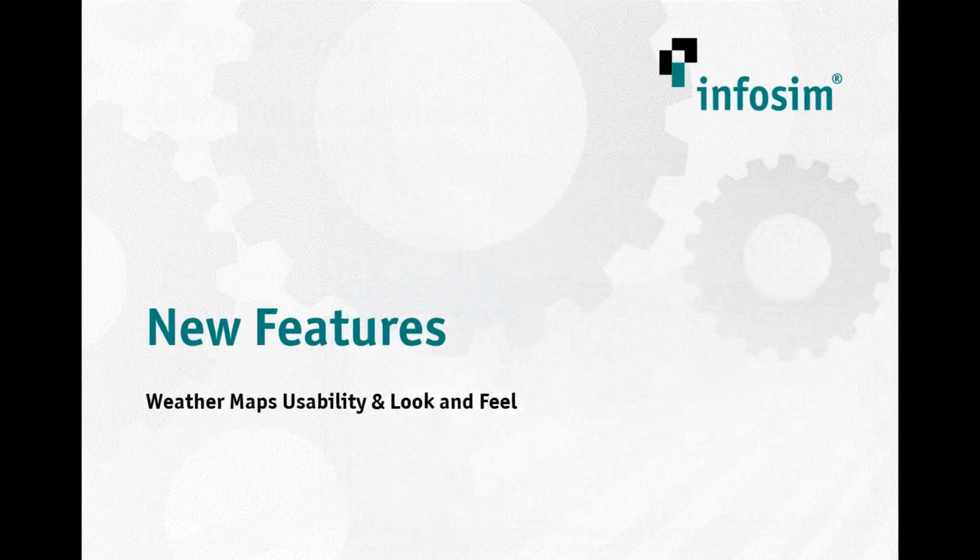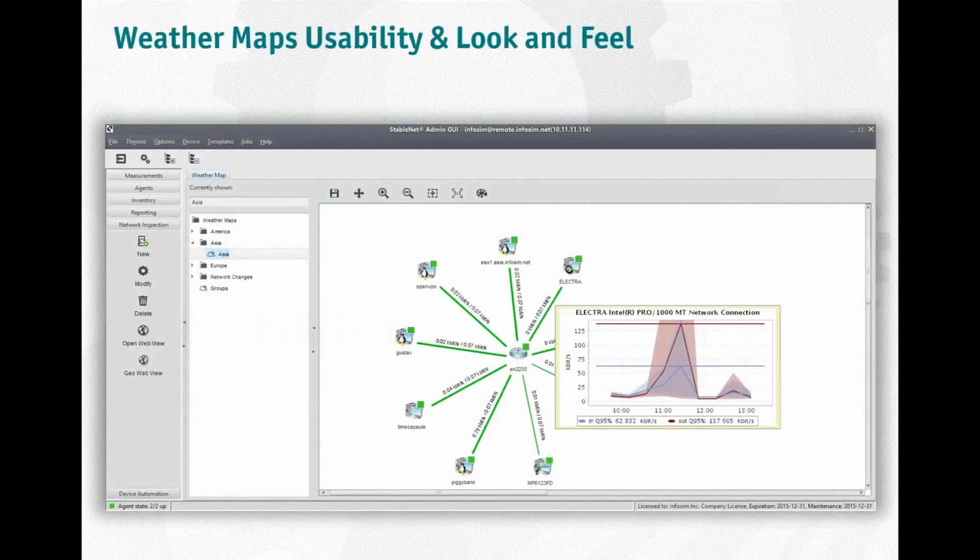And as a last new feature, we added new usability to the weather maps. So in here now, as you can directly see, we have an analyzer chart which is showing the interface load of your topology. And these charts are displayed as soon as you hover over links in your weather maps.